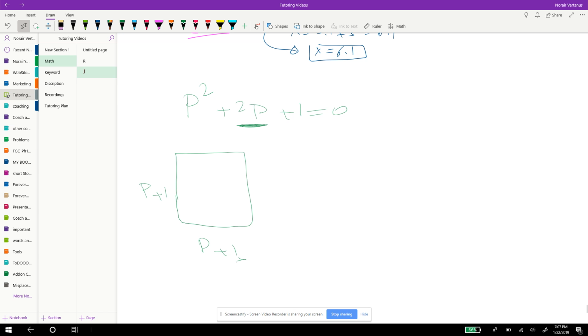It's going to be p plus 1 times p plus 1, but where it comes from, the idea is you have this p squared. P squared is just a square with the base of p, like p times p is going to be p squared, and then this 2p is just p plus p.